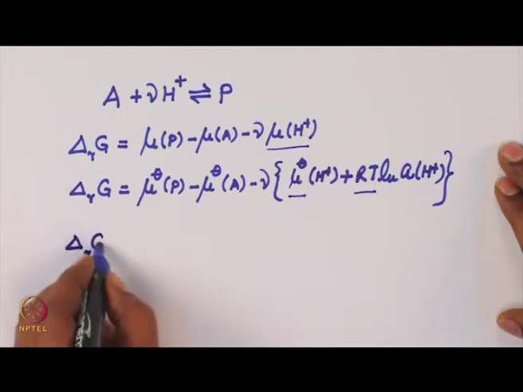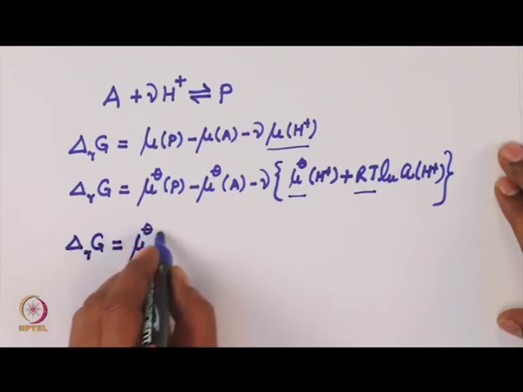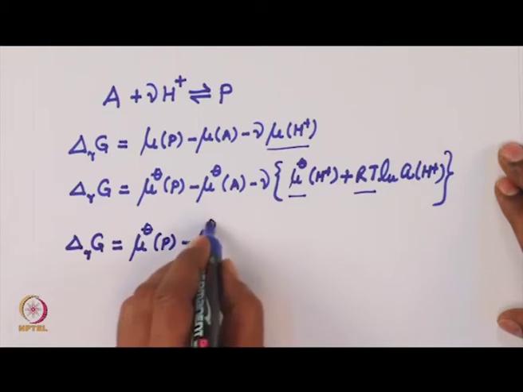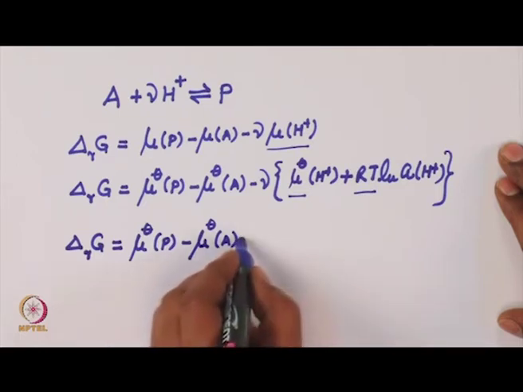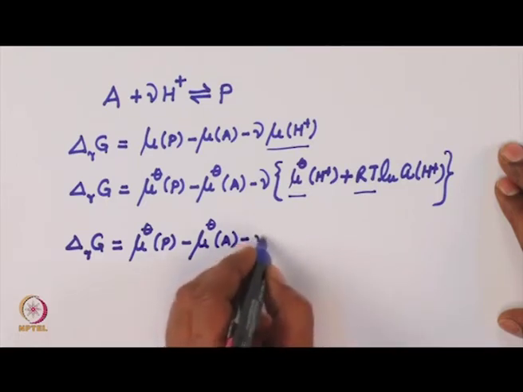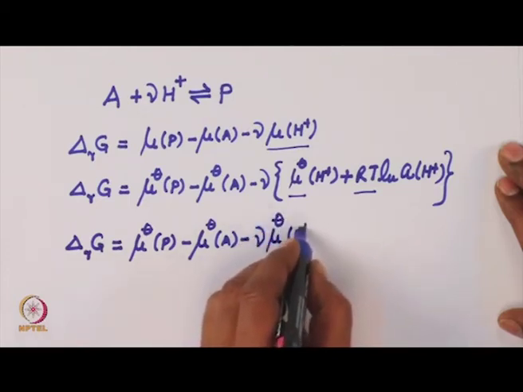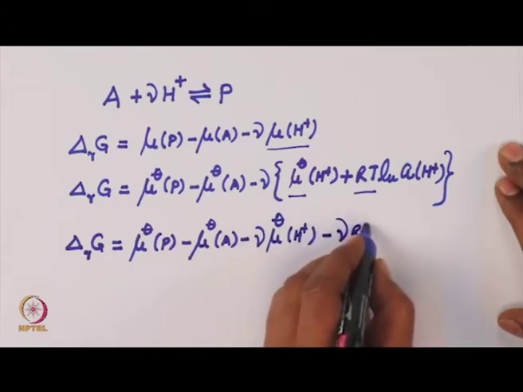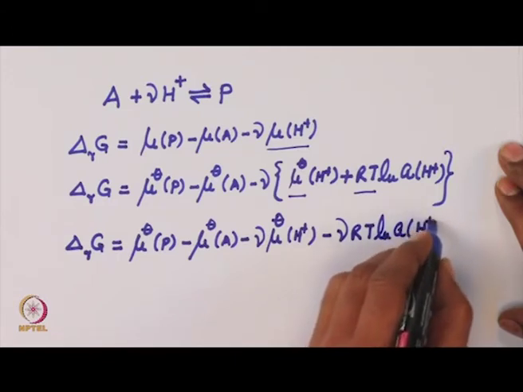So delta R G is equal to mu naught P minus mu naught A minus nu mu naught H plus minus nu RT log activity of H plus.